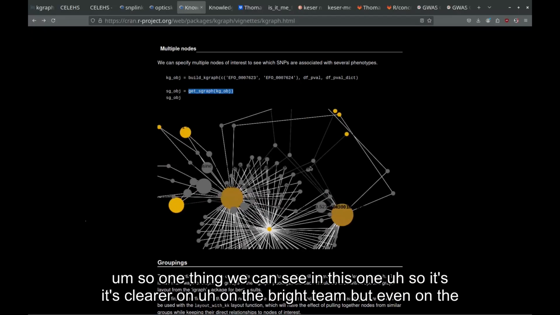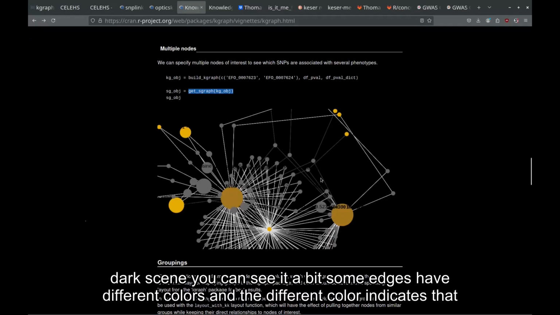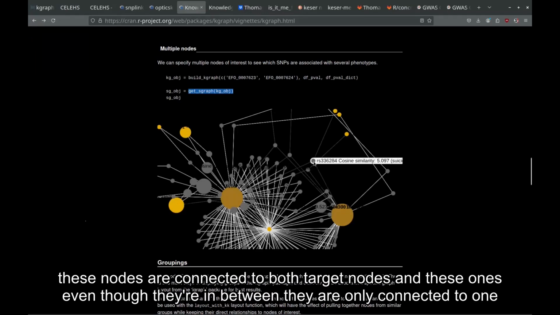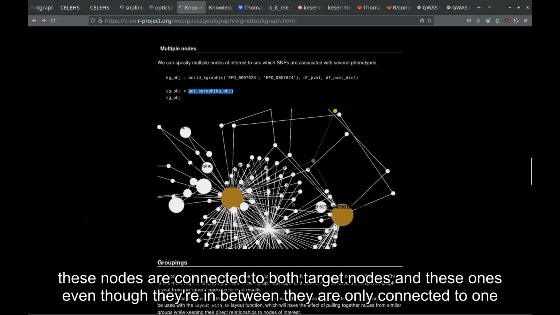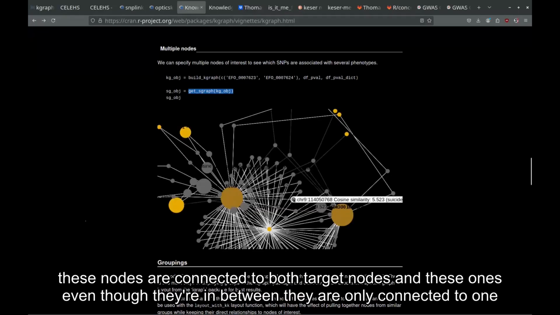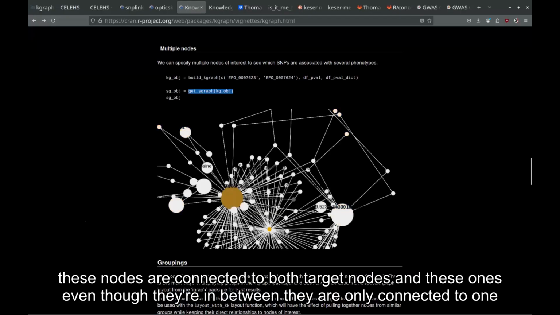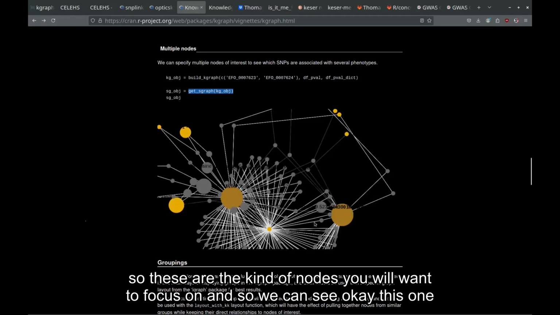One thing we can see in this one, it's clearer on a bright theme, but even on the dark theme you can see it a bit: some edges have different colors, and the different color indicates that these nodes are connected to both target nodes. And these ones, even though they're in between, are only connected to one.